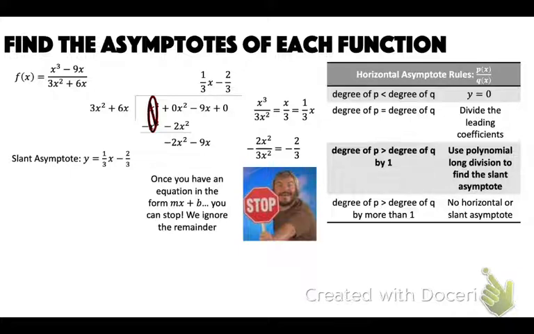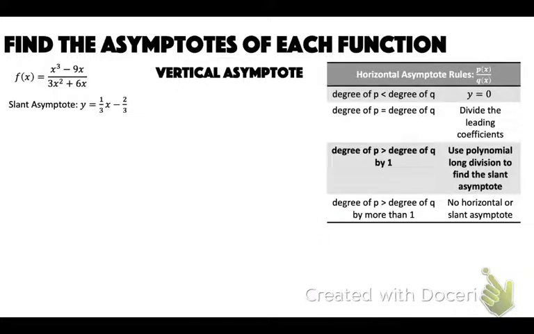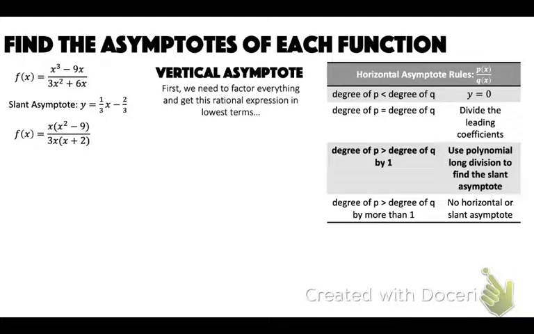Now we need to find our vertical asymptote. To start finding our vertical asymptote, we are going to factor everything and get this in lowest terms. On the top, I can factor out an x. On the bottom, I can factor out a 3x.